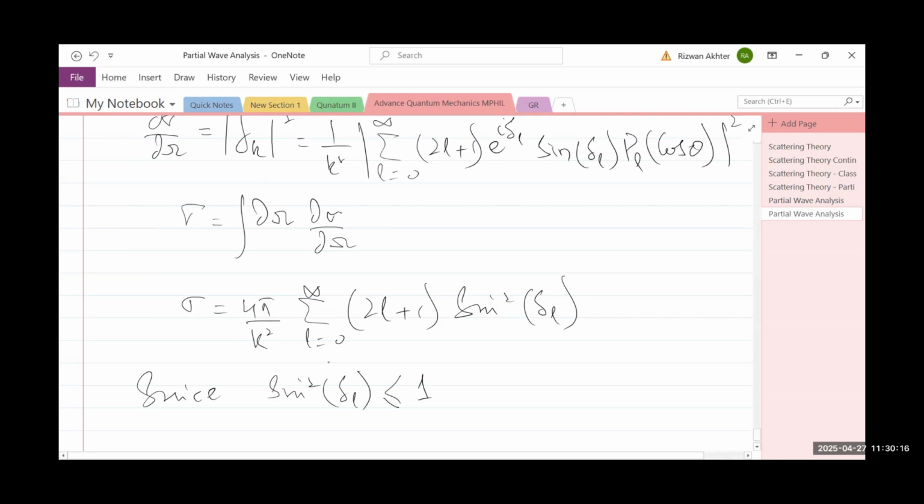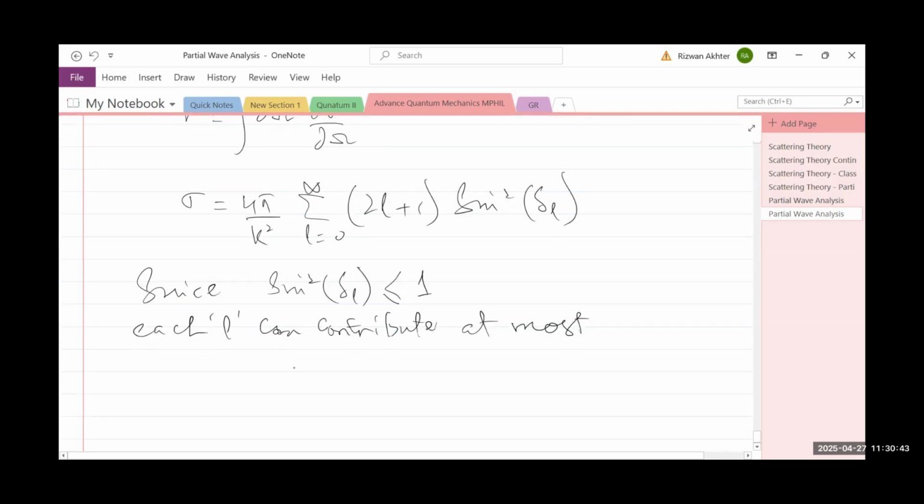So we have this inequality or equality: the values are either less than 1 or in fact equal to 1. And each L can contribute at most, the prefactor 4 pi upon k square times (2L plus 1).